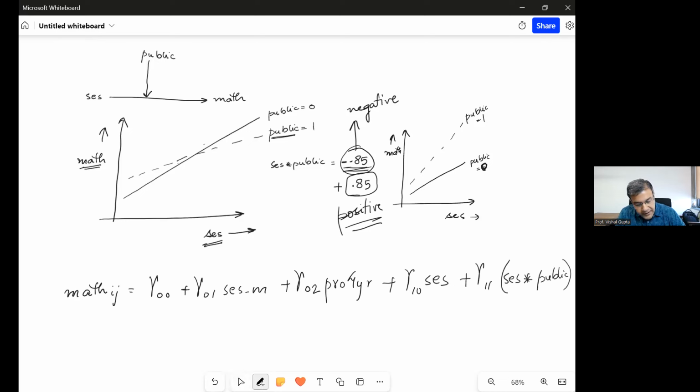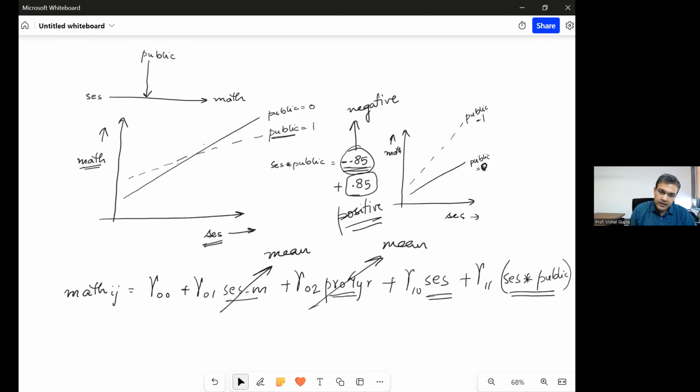So we are interested in changing the values of SES and public, but there are other two variables also, right? So we will hold these at their mean values. Okay, ceteris paribus. Remember, when we do multivariate regression, what do we say? Ceteris paribus. That means holding everything else constant.